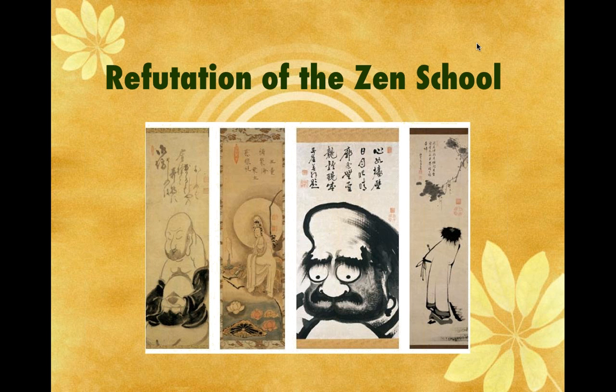And all of this is leading up to his countering of the argument that the Lotus Sutra is too difficult to be taught to people in this age of degeneration, this fifth 500-year period.